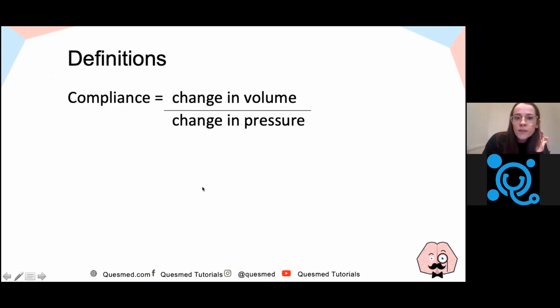So the definition of compliance is equal to a change in volume divided by a change in pressure. We often think about lung compliance when we think about blowing up a balloon.